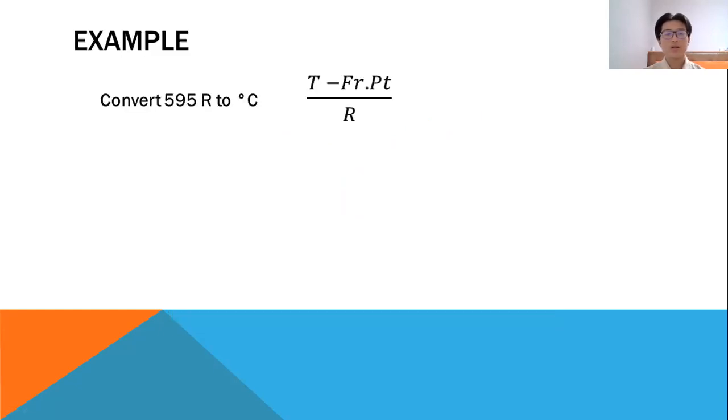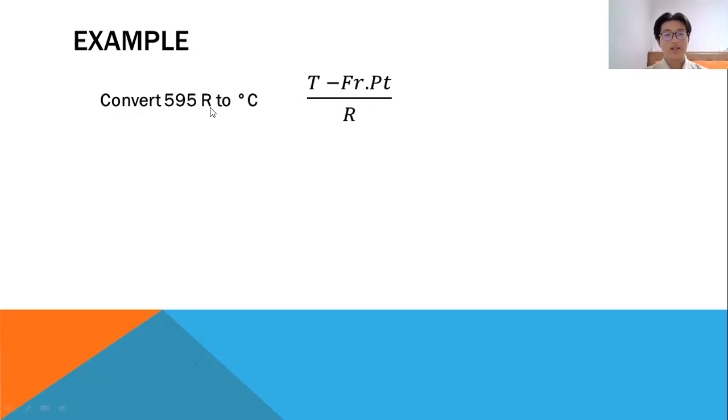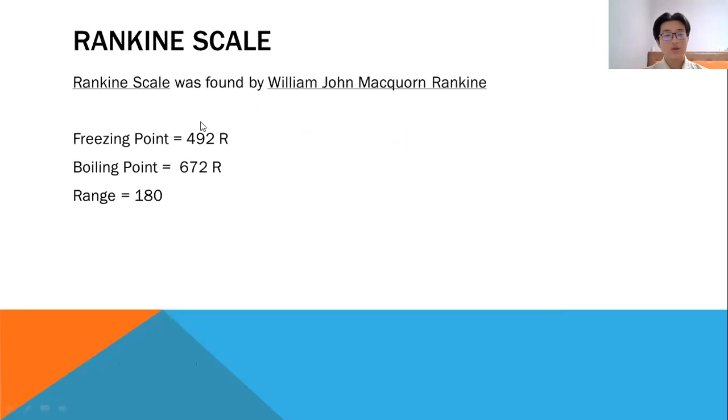So first example, convert 595 degrees Rankine to degrees Celsius. You can see the formula right here. The temperature of Rankine is here, 595. Then we insert the freezing point for Rankine, which is 492, and the range for Rankine, which is 180.